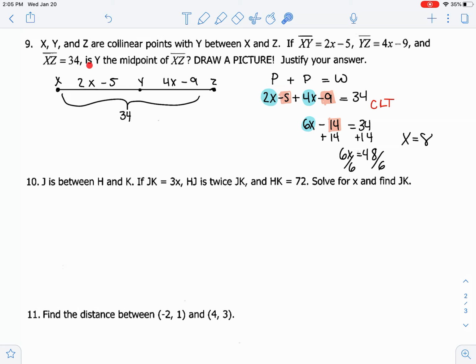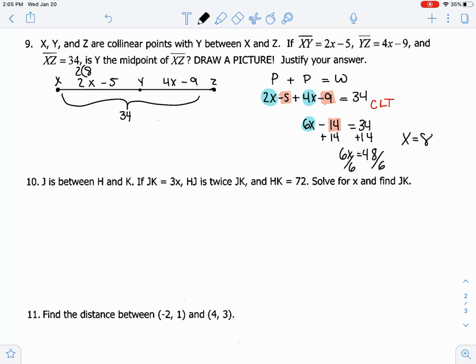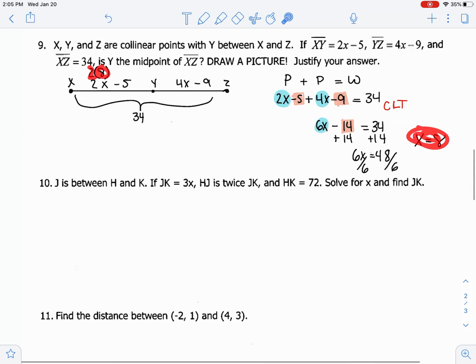The question is, is Y the midpoint? So now I'm going to take this 8 and plug it in. 2 times 8. Where did I get 8 from? Well, we solved for x. X is 8, so 2 times x, 2 times 8, minus 5. 2 times 8 is 16, minus 5 is 11.